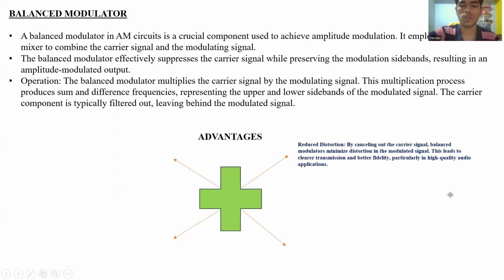Reduced distortion. Distortion is nothing but the elongation and compression of the waves. If this elongation and compression is very frequent or too much, then it leads to distortion, where the modulated signal will reach the receiver, but it might not be of good quality or might have some noise.